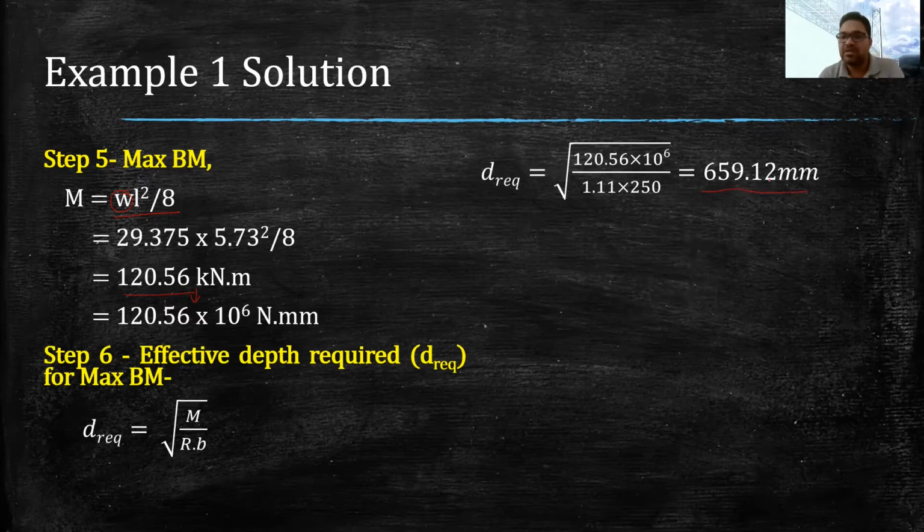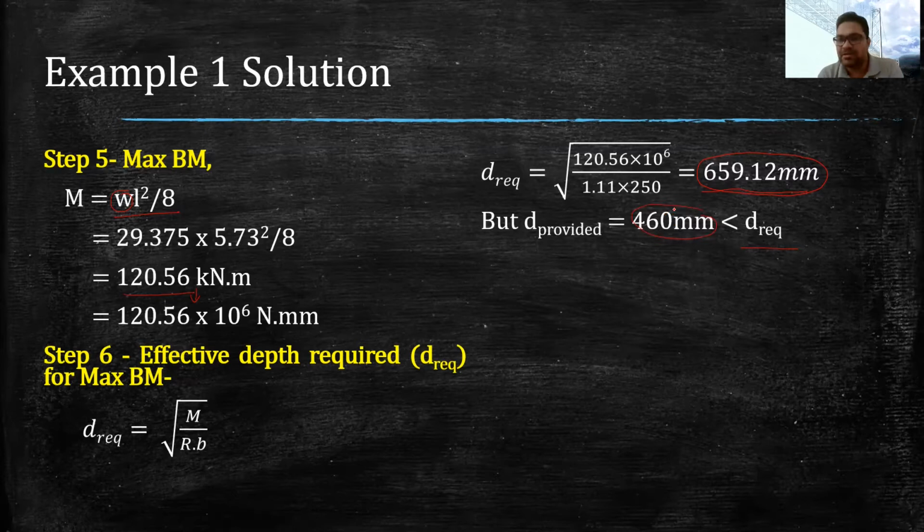So basically the required depth is more, but we can provide the depth of beam only up to 500 mm. So that is why we can write here that D provided is 460 mm, which is less than D required. So ideally, we should increase this value, but we can't because it is restricted.